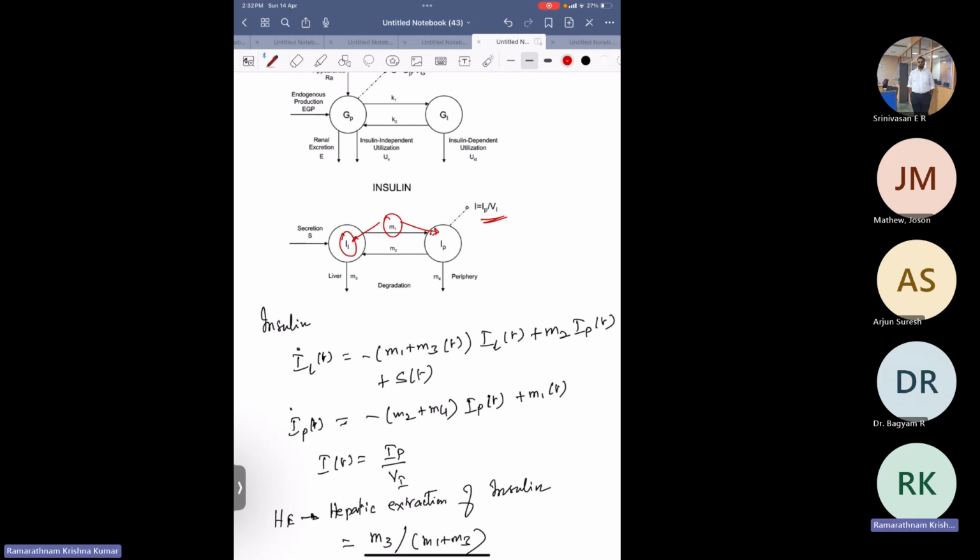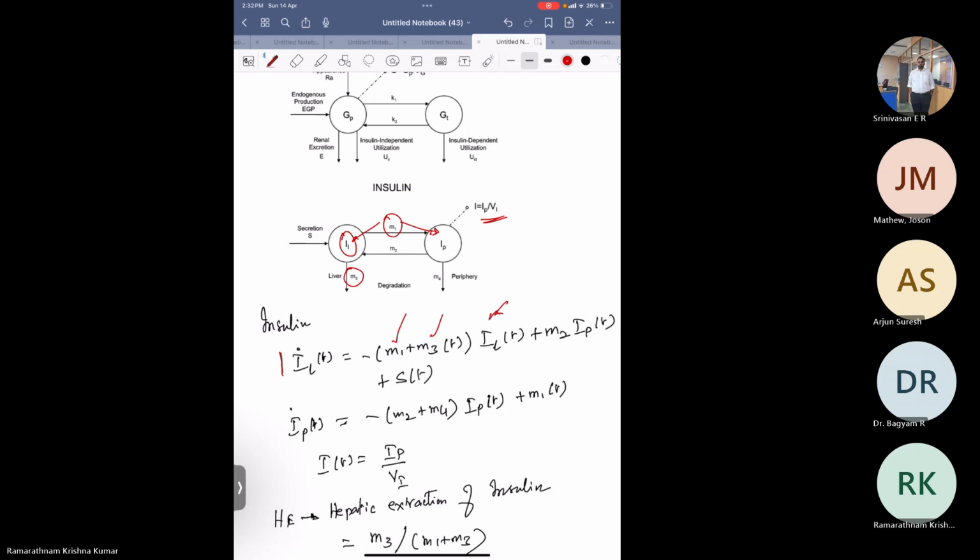Since I'm writing it in terms of I dot L, liver insulin, minus M1, and we come to M3, that is hepatic extraction. I'll come to that, you can see that here. I come to the physiology of it. Minus M1 into INT. So the first equation is emptying the insulin box here.